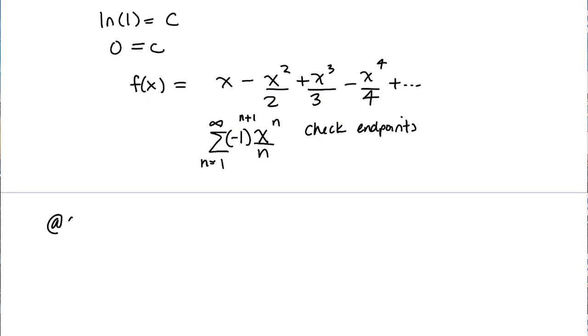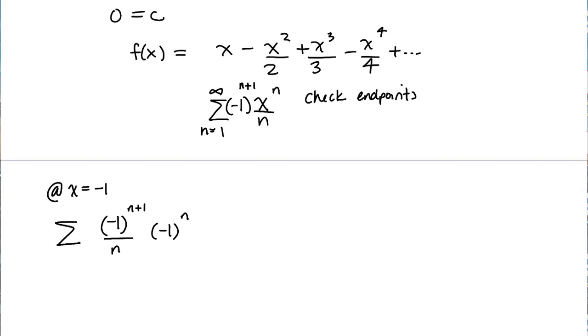So at x equals -1, we have (-1)^n plus 1 over n times (-1)^n, which is equal to (-1)^(2n+1) over n.